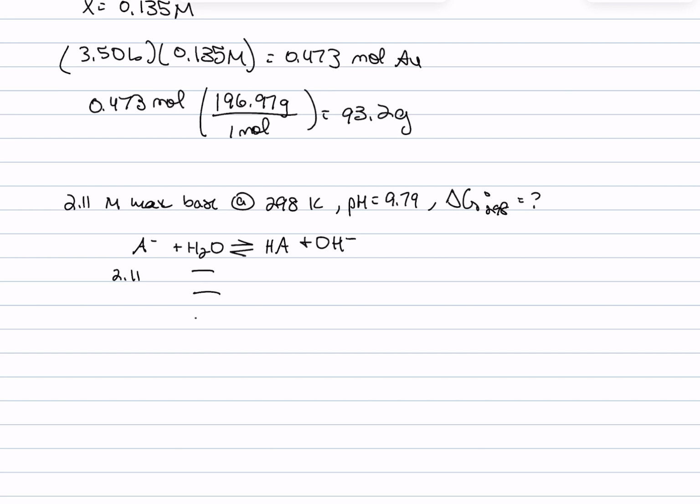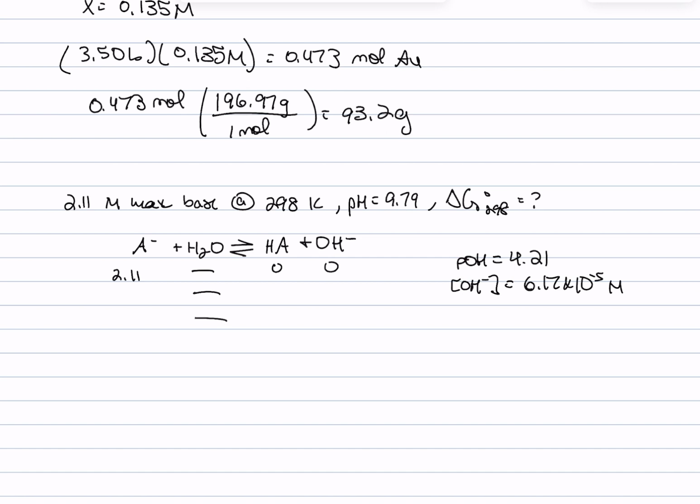Then we can start to fill out some of the values. So we know that for the first value on the left is 2.11 molars, and the concentrations of HA and OH minus are both 0, so we know that the reaction goes to the right. And next we can use our given pH to find the pOH of 4.21 and then find the OH minus concentration by taking 10 raised to the negative 4.21.